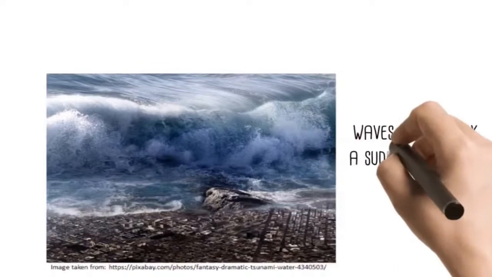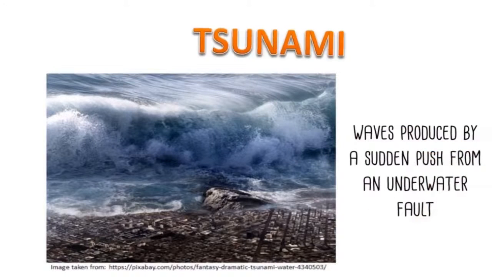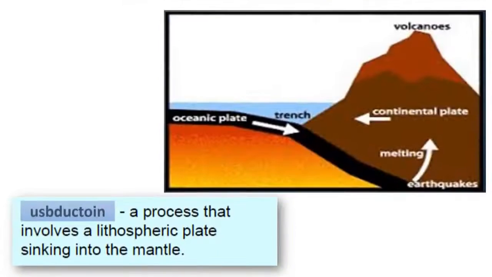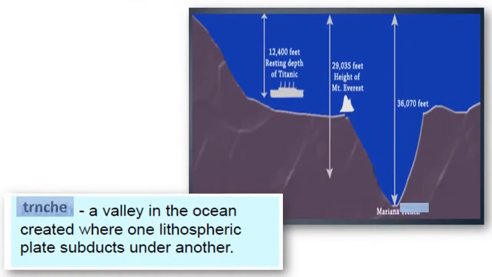Waves produced by a sudden push from an underwater fall is known as tsunami. We also have the process that involves a lithospheric plate sinking into the mantle, and that is known as subduction. The ocean created when one lithospheric plate subducts under another is known as trench.